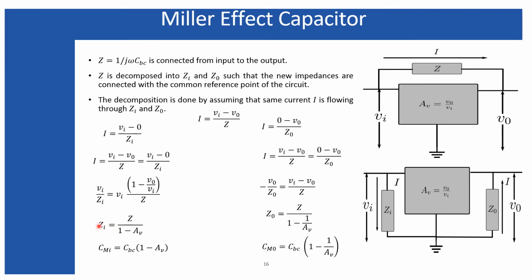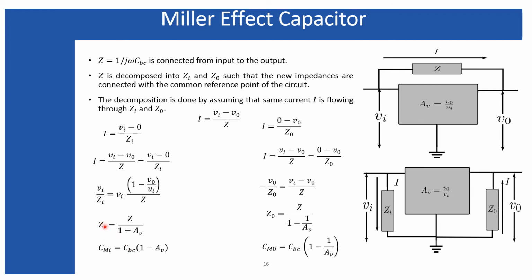Since the impedance for a capacitor is 1 by j omega C, for the Zi, I'm considering that capacitor is 1 by j omega CMI. M stands for Miller capacitor. So this is the input capacitor, which is a derived one from the known capacitor value, which is CBC.